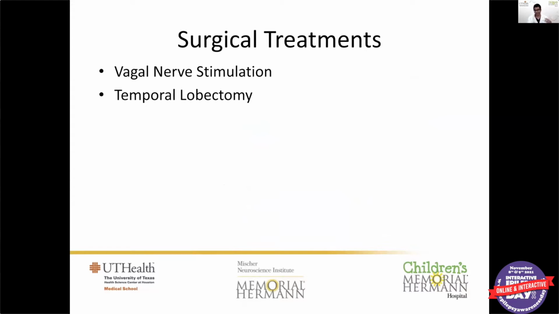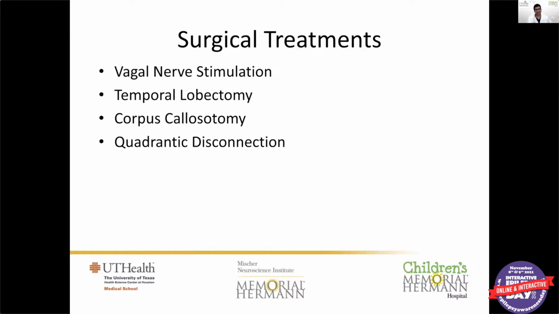And then we can also take out the front part of it called the anterior temporal lobe, versus disconnective procedures like the corpus callosotomy, where we can divide the big fiber bundles that connect both halves of the brain. And then we can progress on to something that does both a little bit of removal and also disconnection, the quadrantic disconnection, and then get to hemispherotomy or functional hemispherectomy, depending on who you talk to, where we are disconnecting and partially taking out one half of the brain.